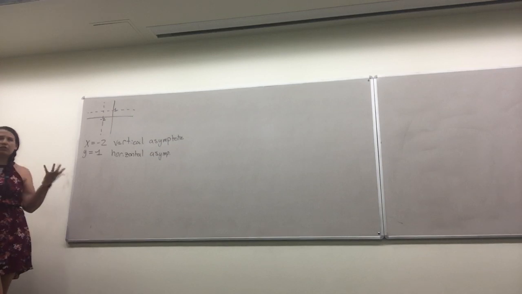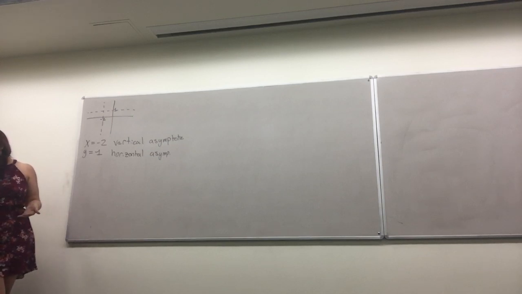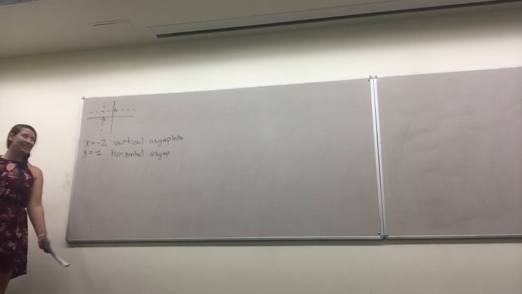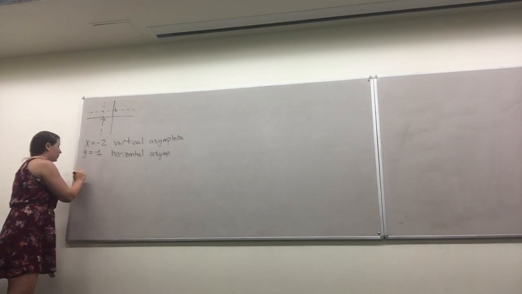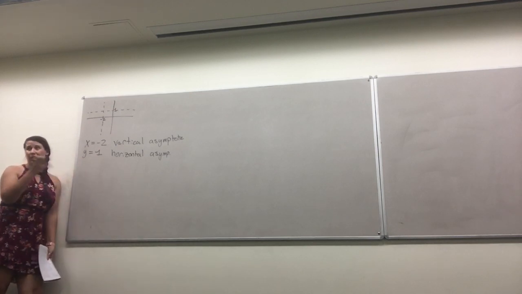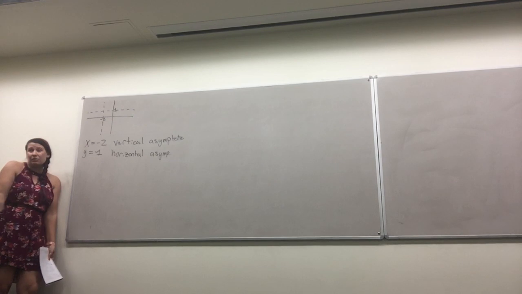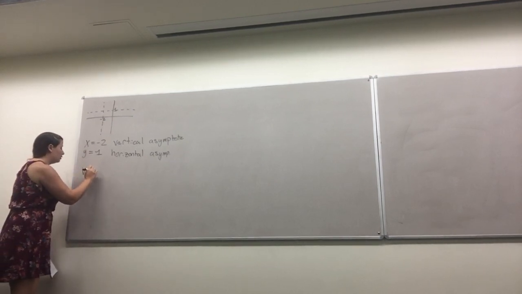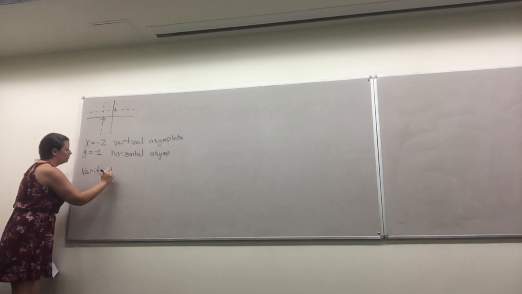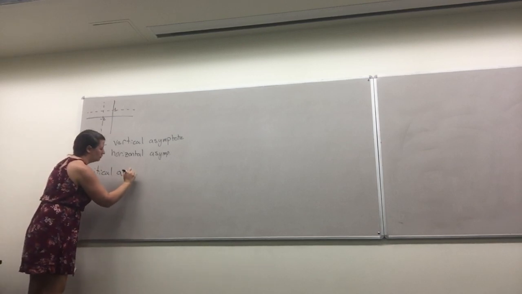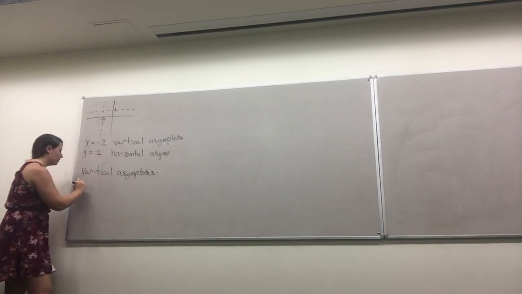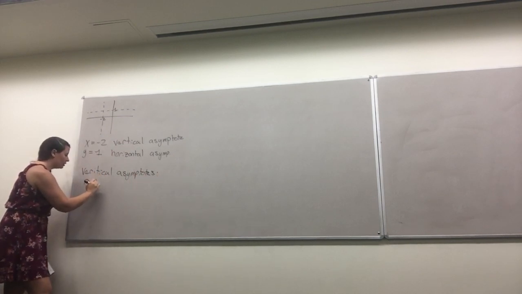If we just look at a rational function, what are they? So, to find vertical asymptotes, that's the easiest of them, we just set the denominator equal to 0. We're finding the restrictions on the domain. So, they are restrictions on the domain.